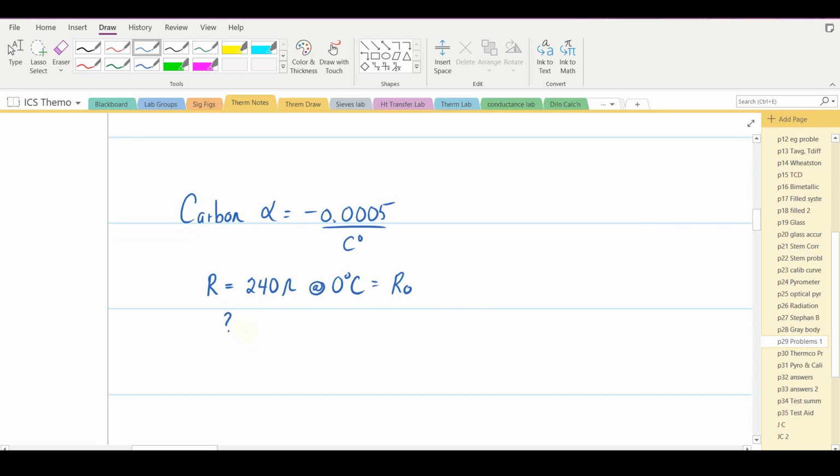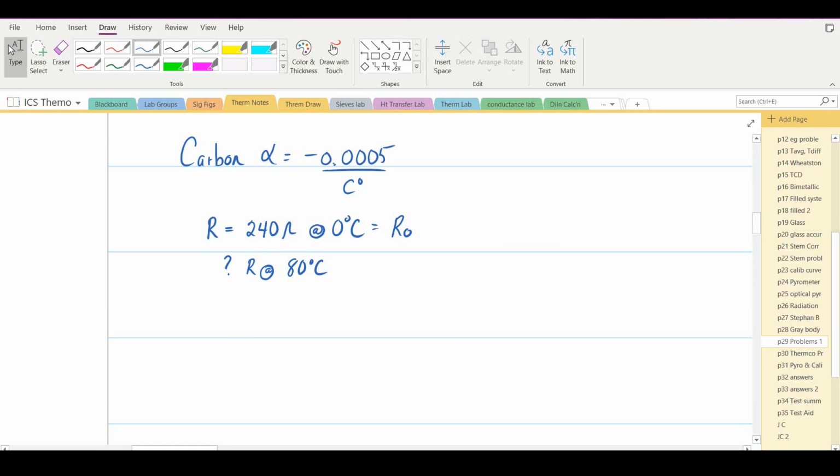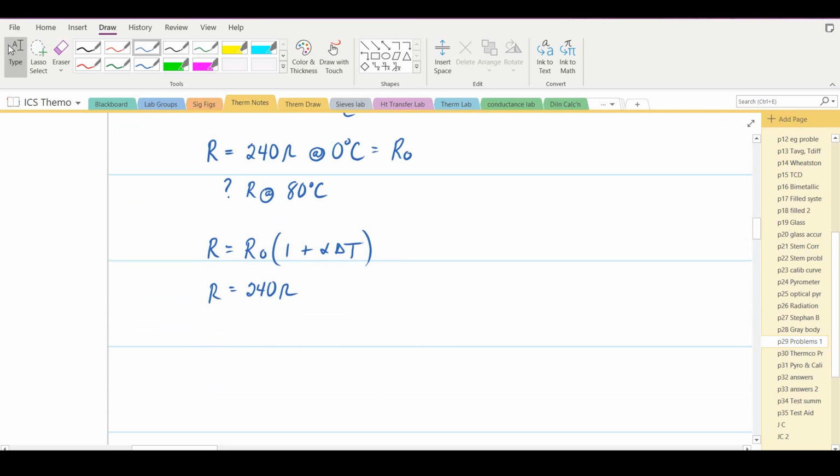And we're asked to calculate the resistance at 80 degrees C. We can simply use the formula R is equal to R sub 0 times 1 plus alpha delta T, because we're looking for R. R is equal to 240 ohms times 1 minus 0.0005 per Celsius degree times delta T. It would be 80 Celsius degrees.